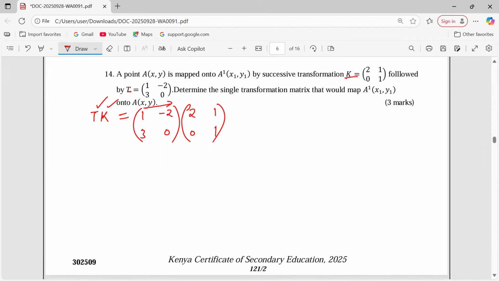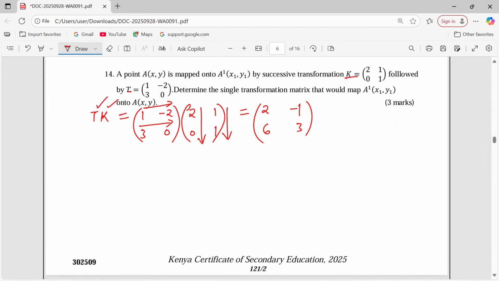Therefore, row times column, this shall give us 2 by 1 and negative 2 by 0. That gives us 2. The next, we multiply the same row by the next column. 1 by 1 and negative 2 by 2. So that's 1 minus 2, which is negative 1. Then we multiply the second row and the same columns. 3 by 2 and 0 by 0, giving us 6. Then 3 by 1 and 0 by 1, giving us 3.